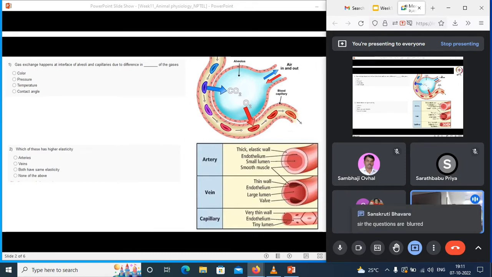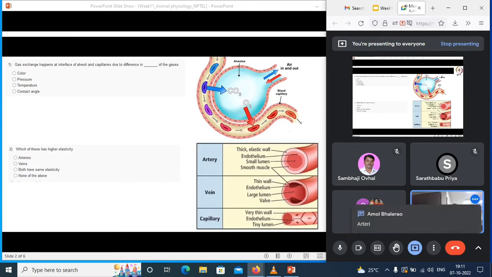Similarly, I can read the question: which of these has higher elasticity? We have options: arteries, veins, capillaries. So what happens in the artery is that it is the structure that maintains and sustains a lot of pressure.